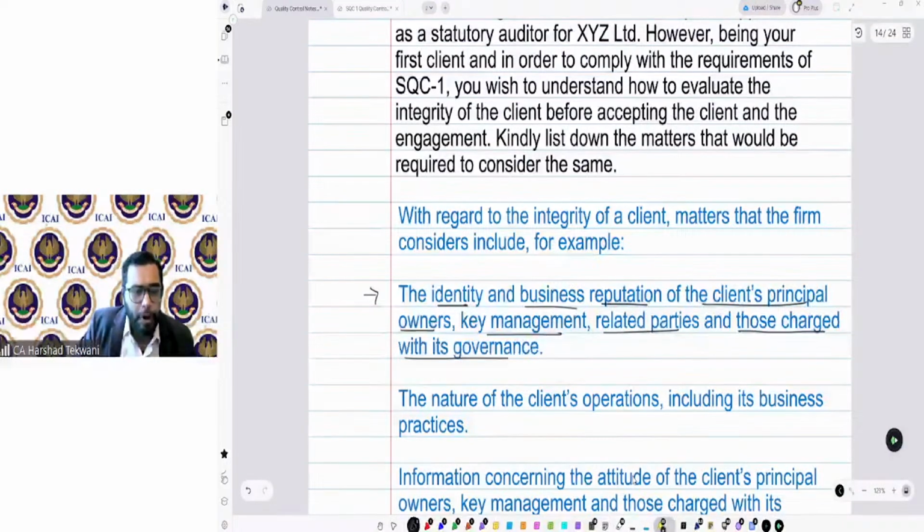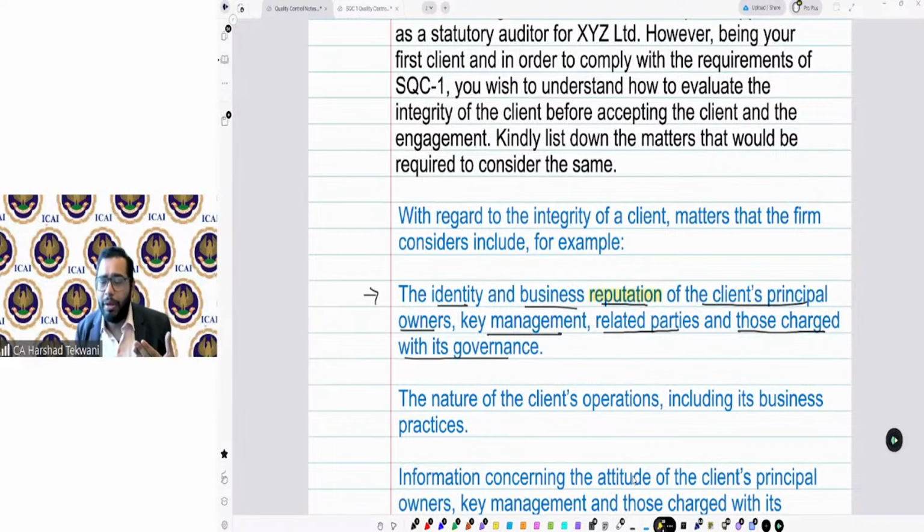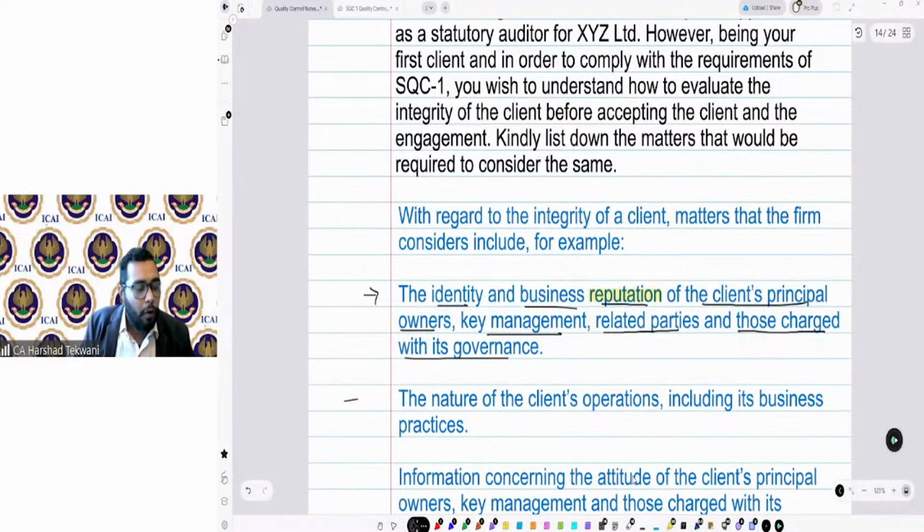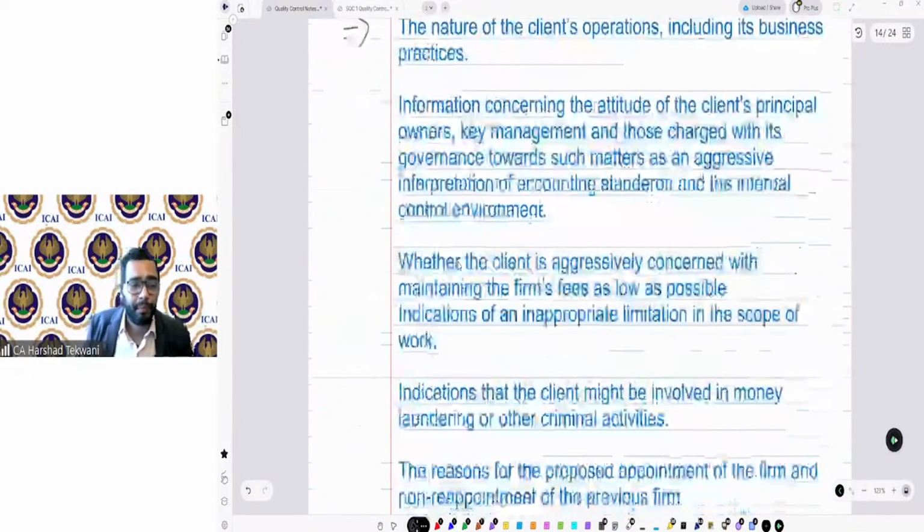Again, important point is the reputation of the client's principal owner or key management. So, what is the reputation of the client in the market? How the client is known in the market? Whether they are known for the good reasons, whether they are known for the bad reasons. Why? What is the reason for their reputation is also very important to understand. The identity that they have created in the market.